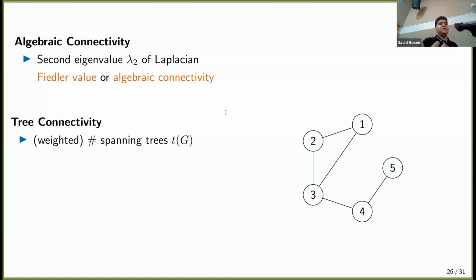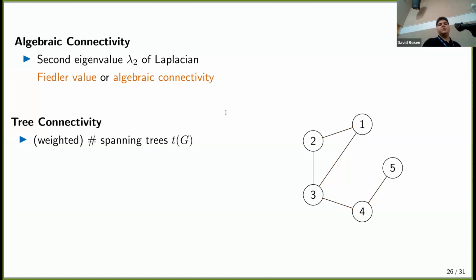And the other one is something that I've worked on myself a lot. That's what I call tree connectivity. And that's related to how many spanning trees you have in a graph. So a spanning tree is a subgraph of your graph that goes through all the vertices of your graph, but it's a tree. And a tree means that it is connected, but it just doesn't have any additional edges which can create cycles in the graph.